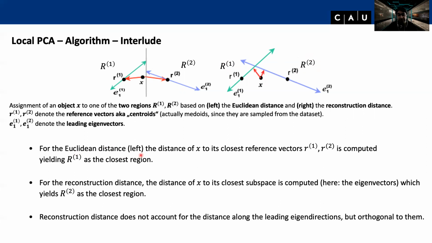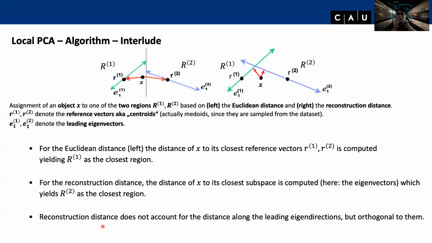So for the Euclidean distance on the left, the distance of x to its closest reference vector R1 or R2 is computed, yielding R1 as the closest region. But if we compute the reconstruction distance, as you have seen on the slides before, then the closest subspace or leading eigenvector to x is the one belonging to region R2 and not R1. One insight is that the reconstruction distance does not account for the distance along the leading eigendirection.